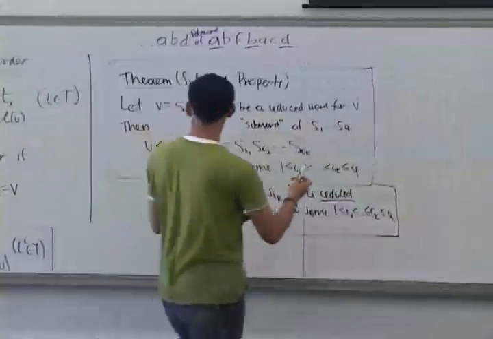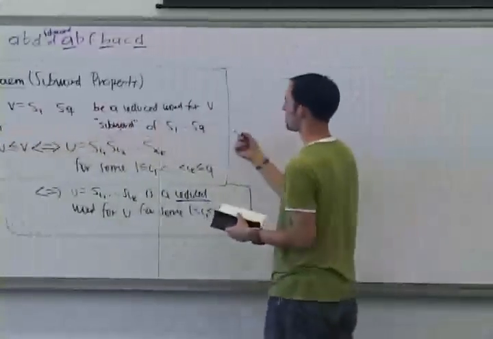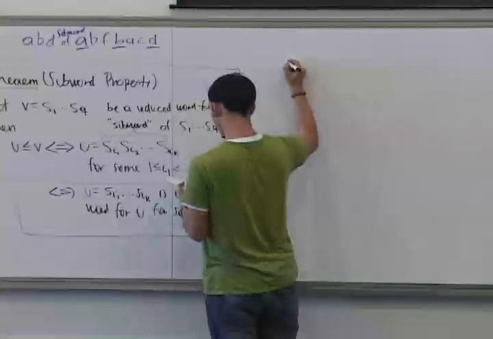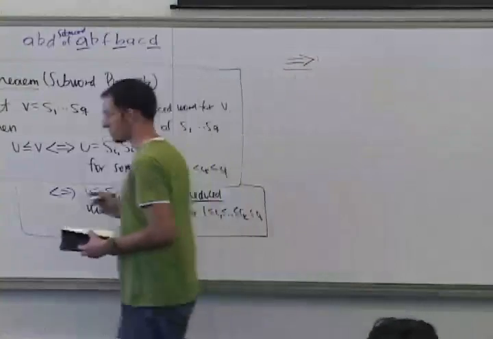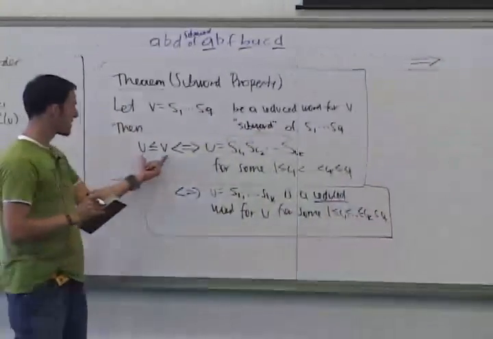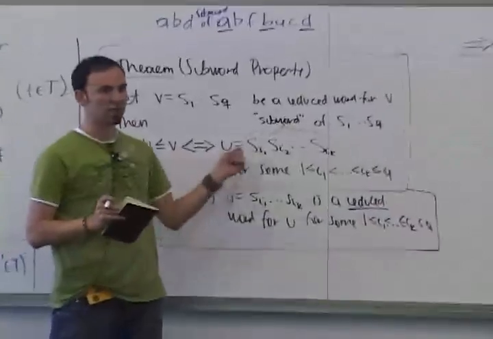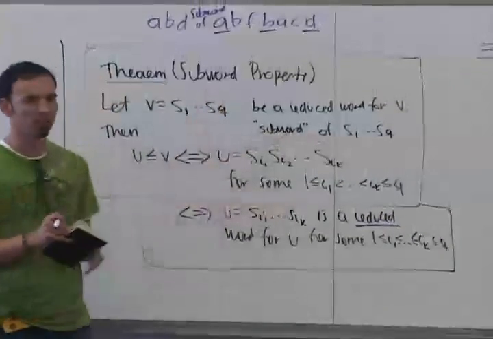I think we're going to spend most of the time proving this. So let's go first in this direction. Let's assume that U is less than V, and let's prove that U can be written as a subword of the word of V. Okay?